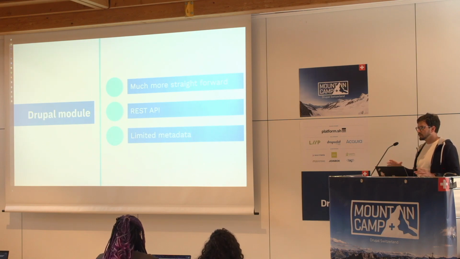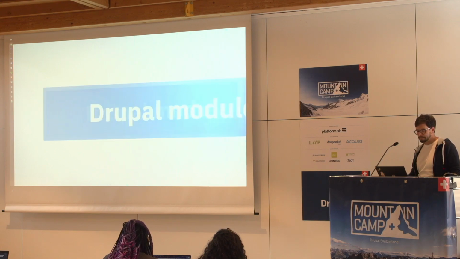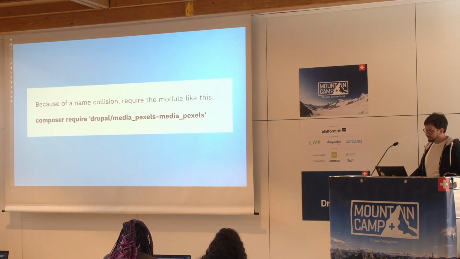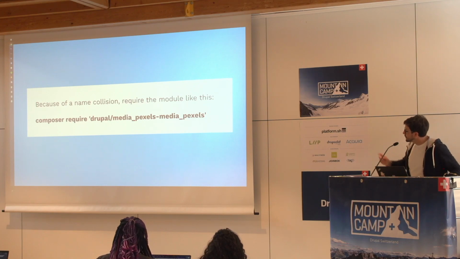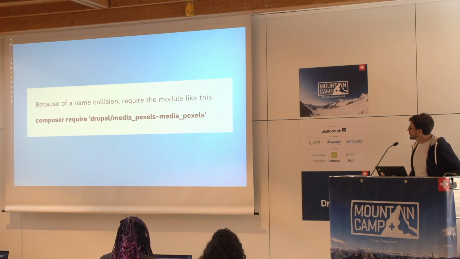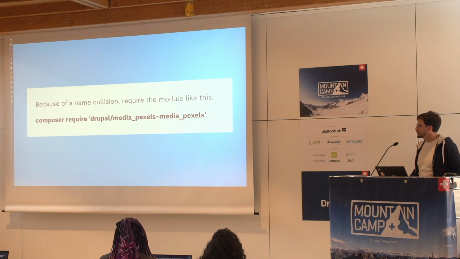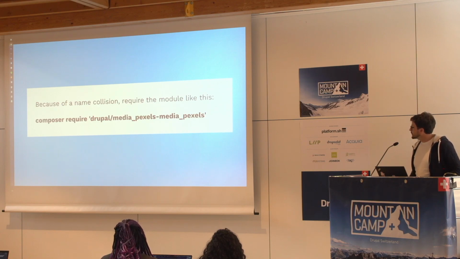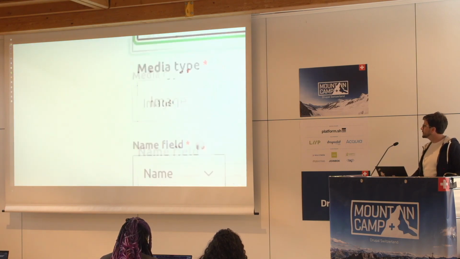So if you want to build a categorization with that, it's a bit of a challenge. Fine print. If you want to try the module, there is a very strange way to do it, because there is a namespace collision. Maybe there was a module already named Media Pexels on Drupal.org, so you have to do it like that. There is info about that on the module page.